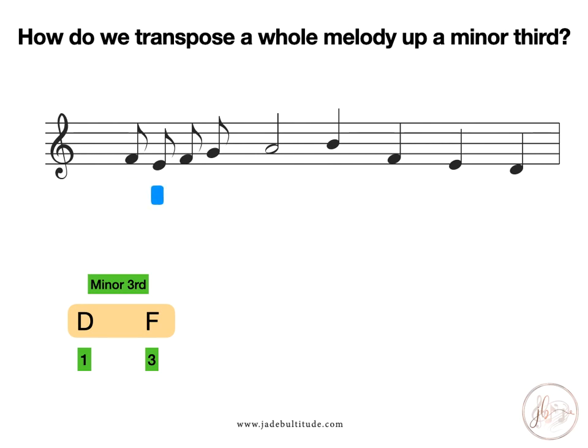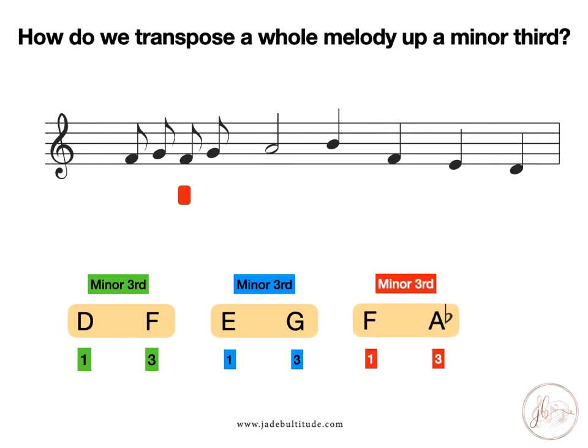Our next note is an E, so a minor third above E is a G natural. Our next note is an F, so a minor third above F is A flat.